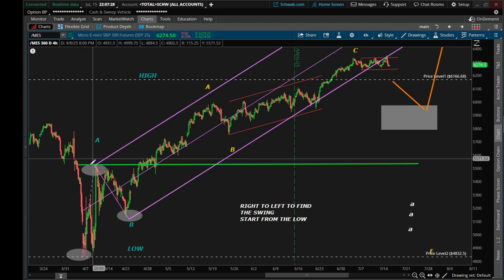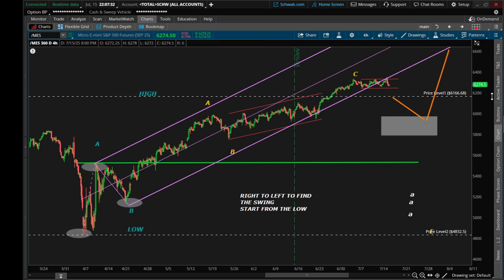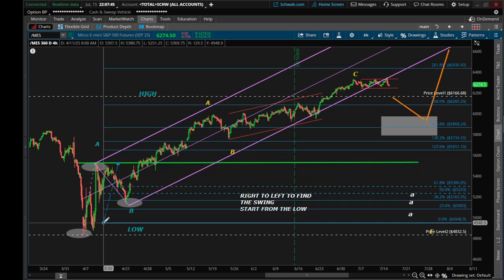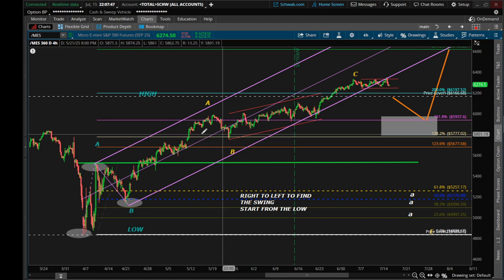We got our two waves, an A and a B, looking for a completed C wave. Let me put the fibs back up there for the C targets.